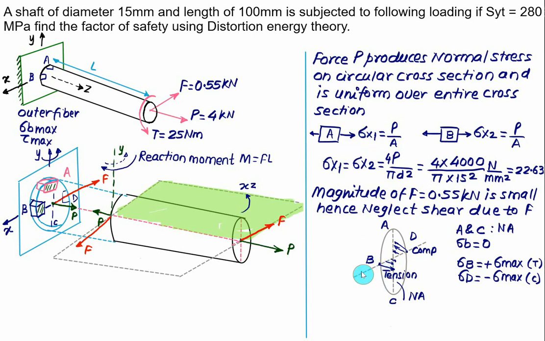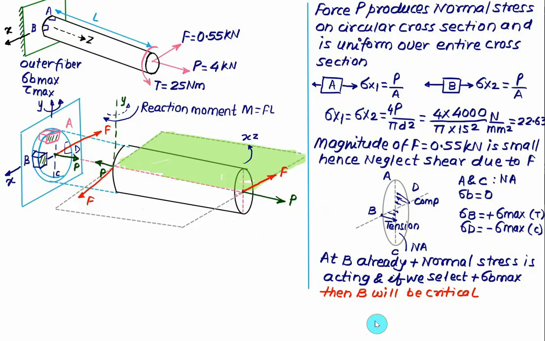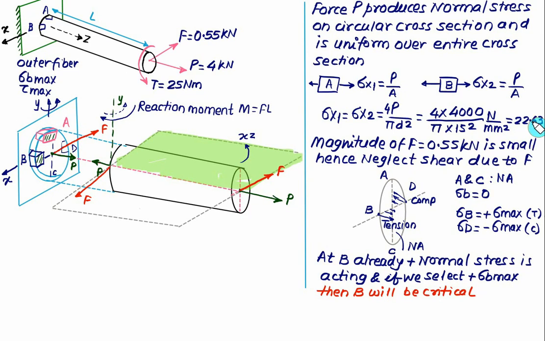So at B already we have the sigma x2 produced, which is 22.63 and is a positive value. And bending stress at point B due to bending will be again a positive value. And therefore, if we consider positive and positive, then the stress at B will be more. No bending stress is acting at point A, so stress at A will be lower value. So the critical point here is point B.